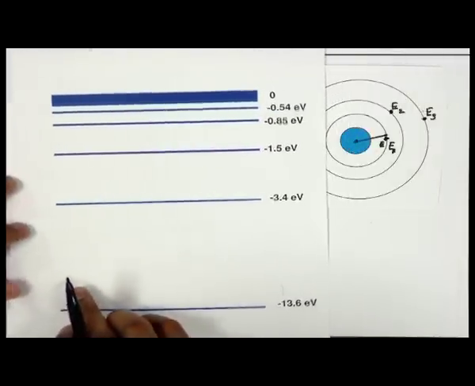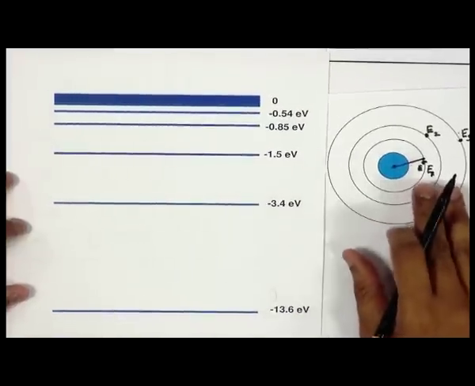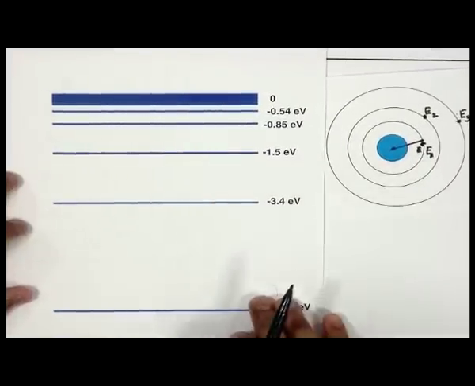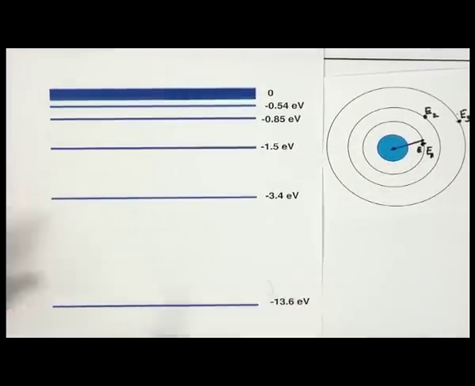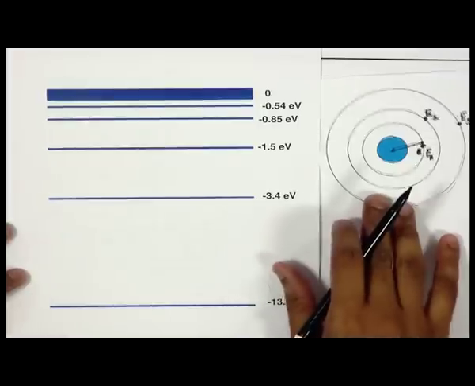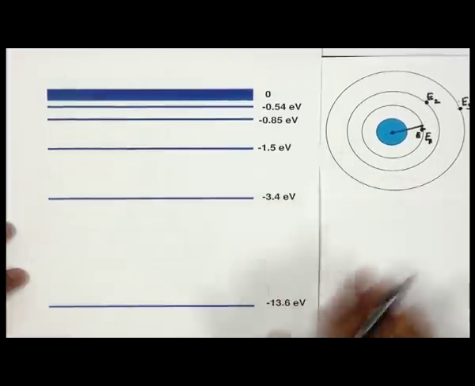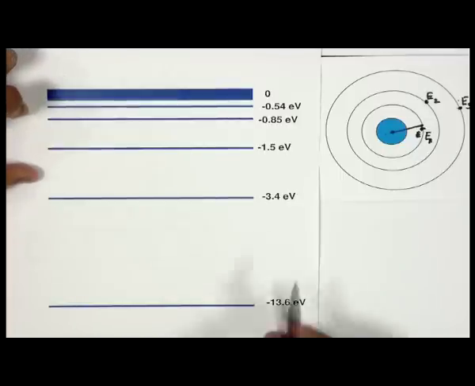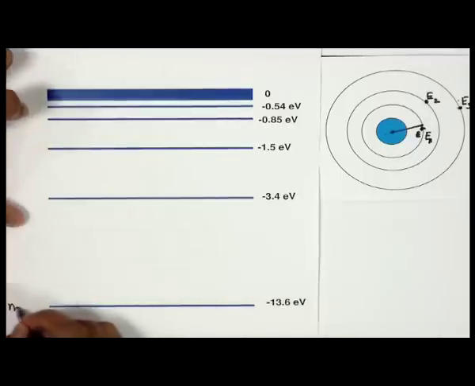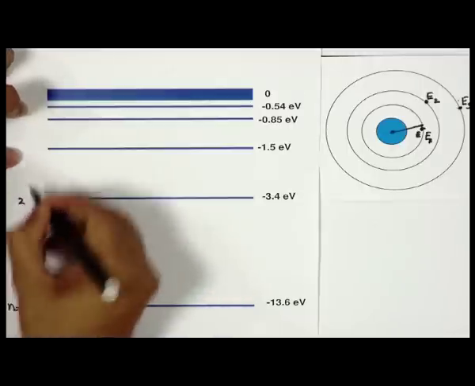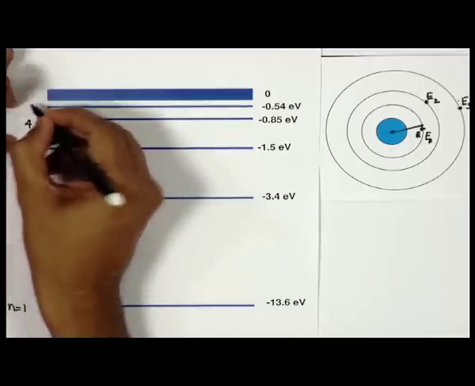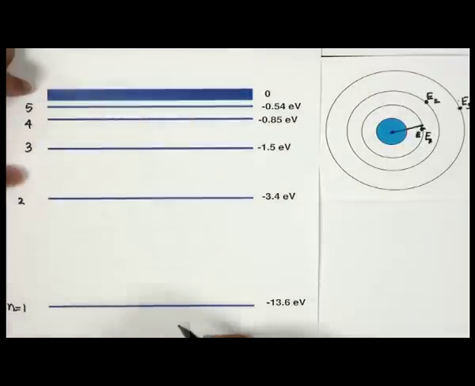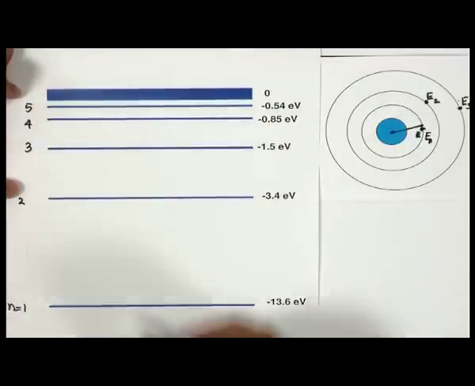Now, what I am showing you here are the energy levels of different stationary states coming out from Bohr's atomic model. This is the ground stationary state, n is 1, n is 2, n is 3, n is 4, n is 5, and so on and so forth. If I am talking about emission spectrum, my electron is always in the excited state.